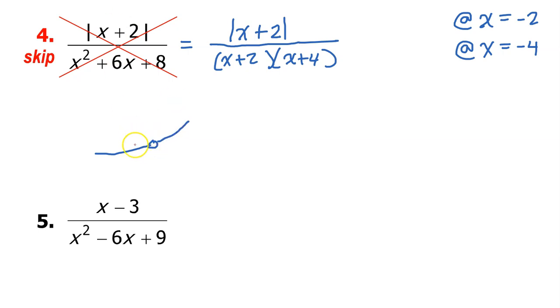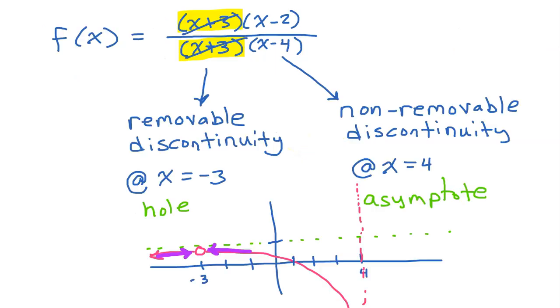So therefore, you will have the same limit from the left and the right. In other words, for a removable discontinuity, the limit exists. When you have a non-removable discontinuity, the limit from the left and the limit from the right are two different things. In other words, the limit does not exist when it is a non-removable discontinuity.